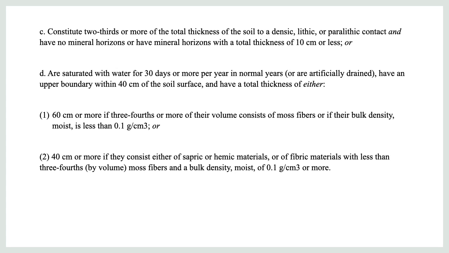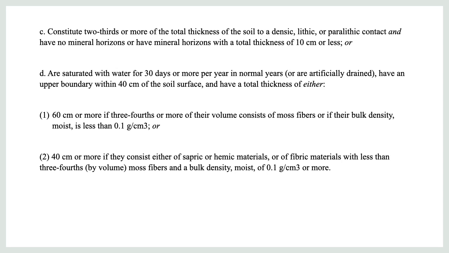So in saturated histosols, we have two options of minimum thickness: 60 or 40 centimeters, according to the density, according to which kind of organic matter I can find in that specific soil profile. If I find only very low decomposed organic material, with very low density, then at least 60 centimeters.